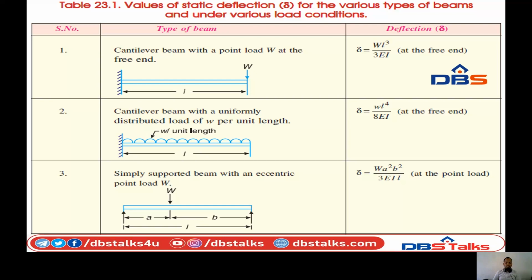If you see in the third diagram, it is a simply supported beam, but the weight is applied at a certain distance from the two ends, one from A and another from B. There the deflection delta is equal to W a square b square by 3EIL at the point load, where L is the total length but the load is acting at a certain position.